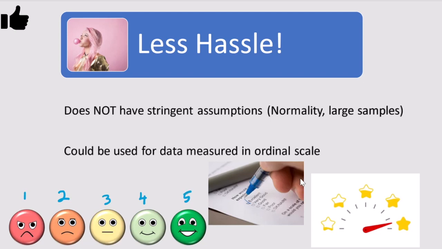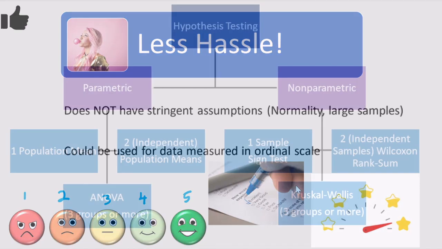Another example could be your satisfaction ratings from poor to excellent, or level of education from no education to a PhD. Those are examples of ordinal types of data.